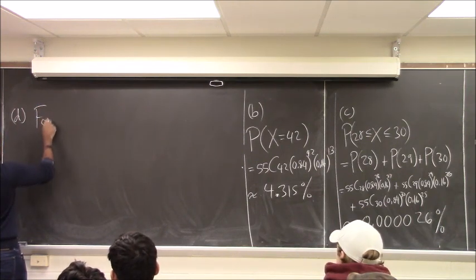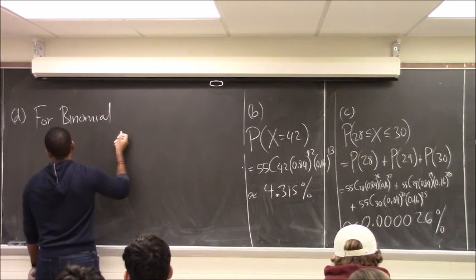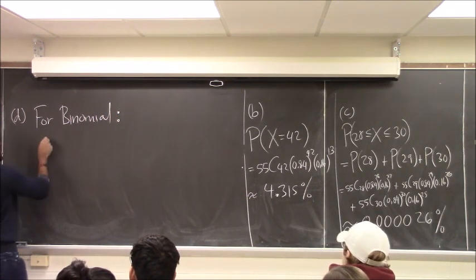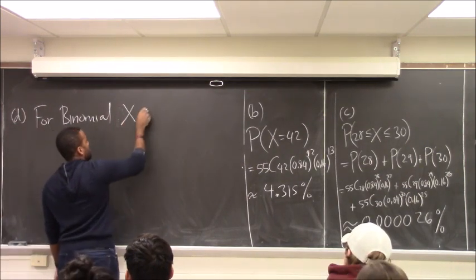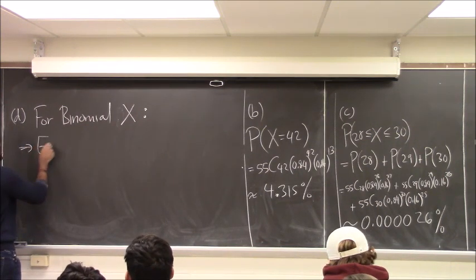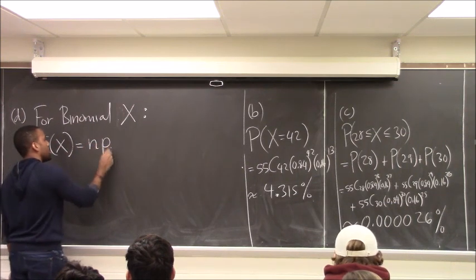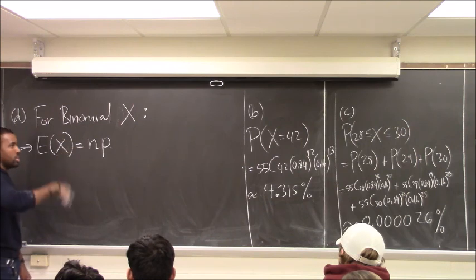This problem is also an excuse for me to tell you one other useful fact: if you have a binomial variable X, then the expected value of X is n times p.